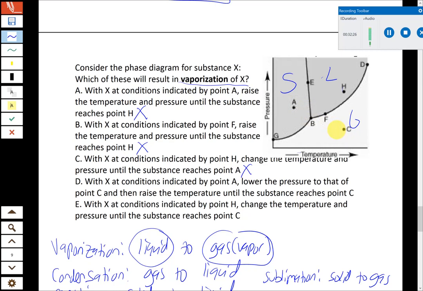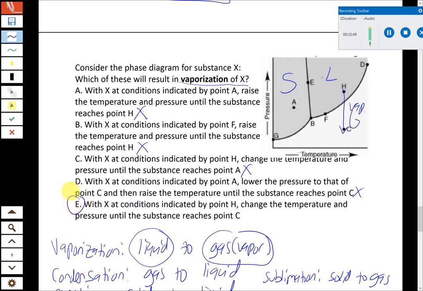That would be sublimation. We're going from solid to gas. That one's off. And then finally, if we go to choice E here, we're starting at H, which is liquid. And then we're changing the temperature and pressure until we get to C. So we're going from H to C. That process here is liquid to gas. That's going to be vaporization. So this would be the correct answer.